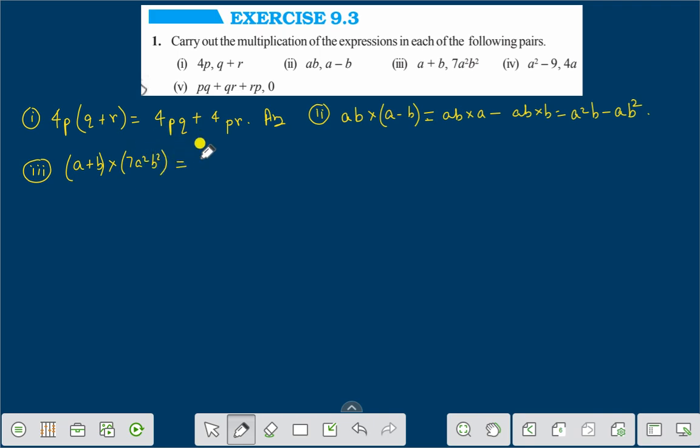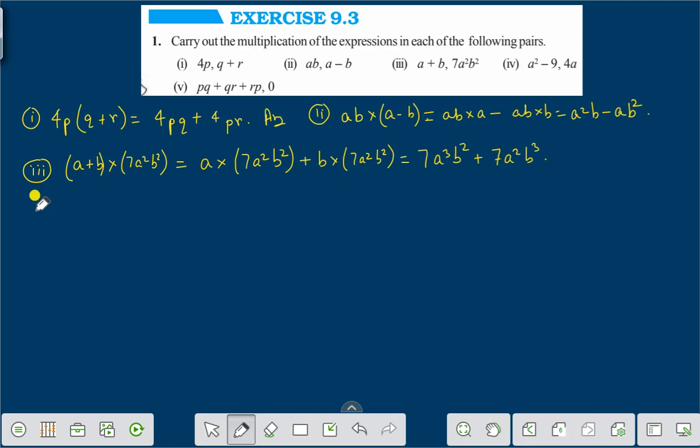That is equal to A into 7 A square B square plus B into 7 A square B square. Therefore we are getting 7 A cube B square plus 7 A square B cube, and that is the answer to question number 3.